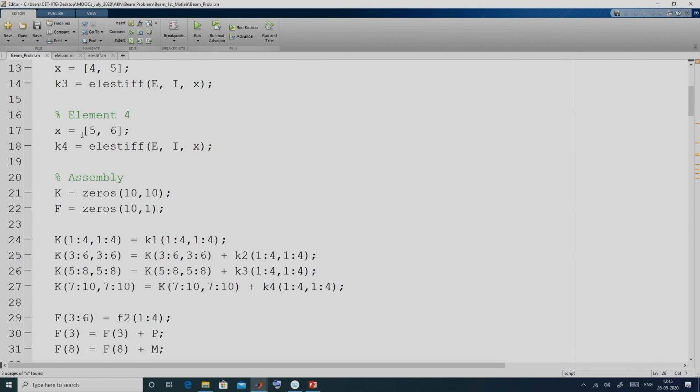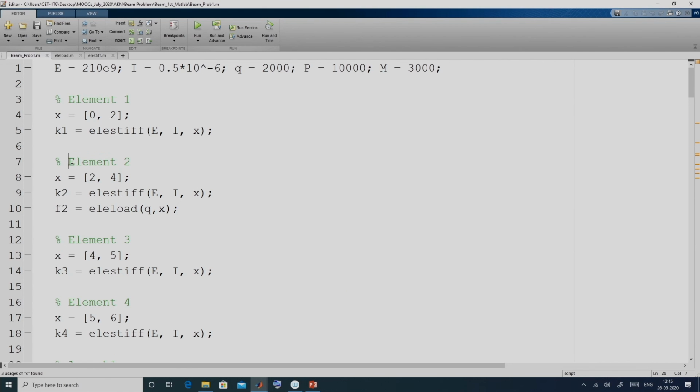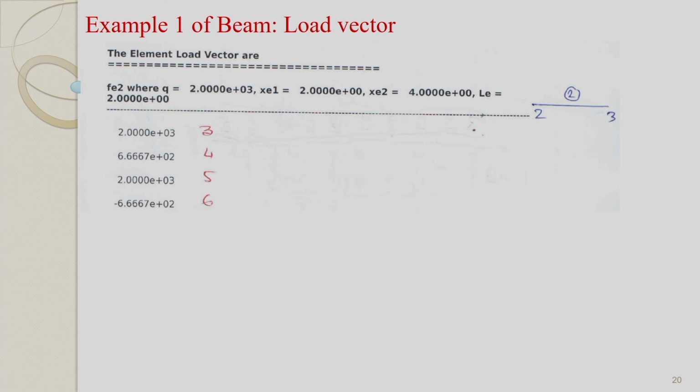In the main program, only for element 2 we are calculating this element load vector F2. So, this will be your F2. So, the associated global address is 3 to 6 corresponding to node 2 and node 3.